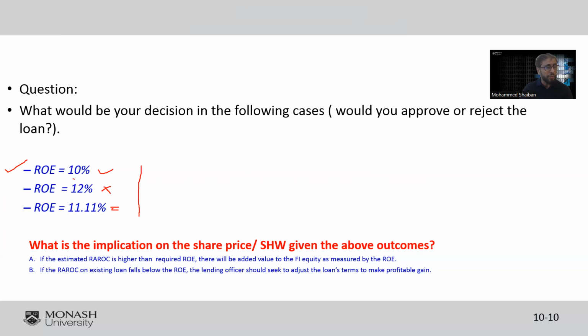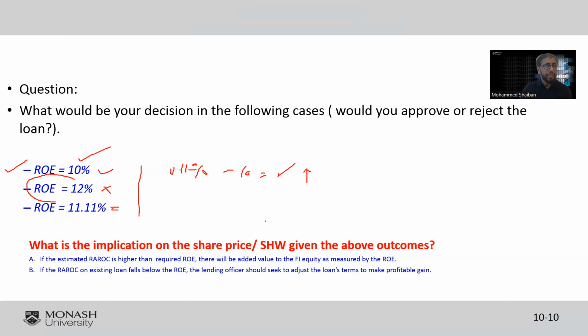If they accept this one, that means I'm making 11%, the RORAC, minus the 10%. Sorry, the marker cannot help me to write well. So this is the increase in the value of the company.